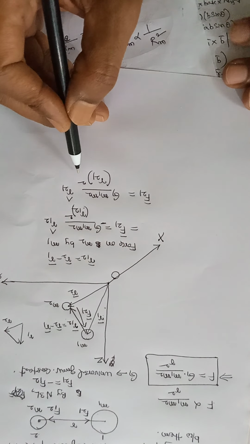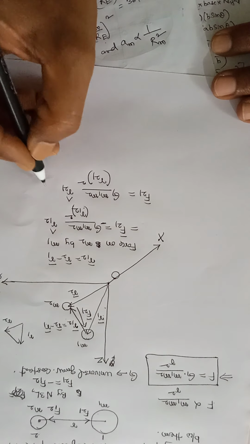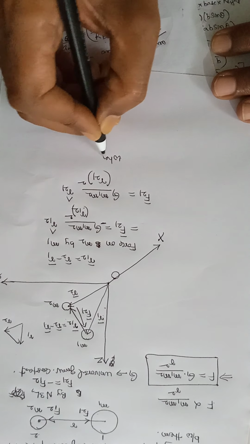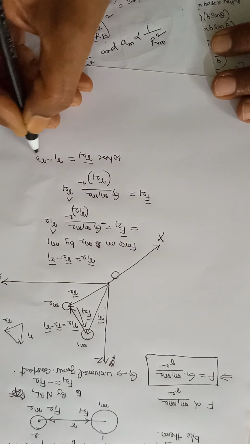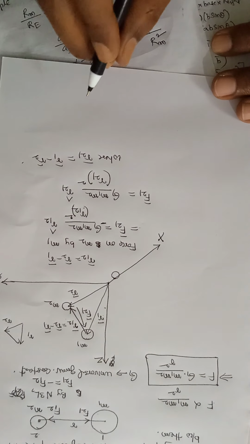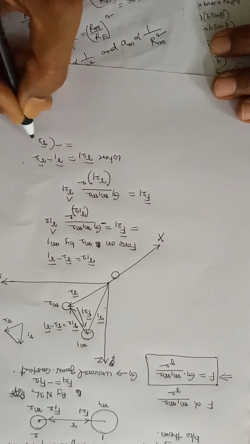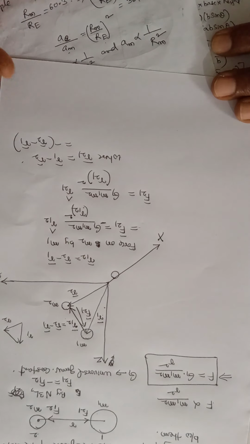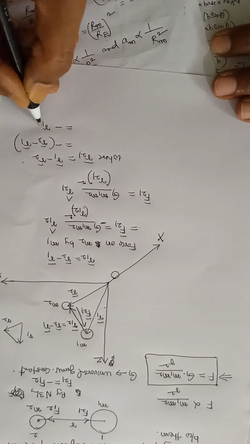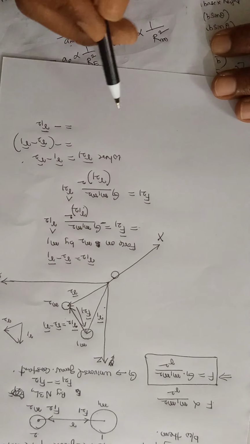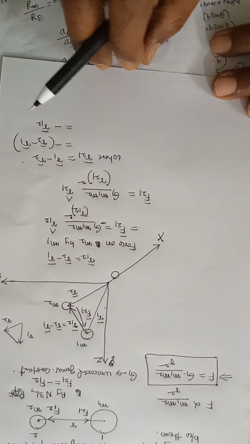Both are in the same direction. R21 means R1 minus R2. It is minus of R2 minus R1. That is minus R12. So R21 is equal to minus R12.